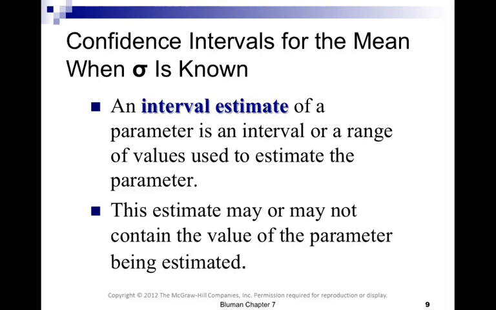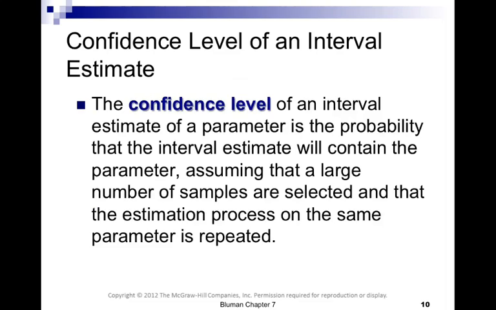That sounds really hard, but what a confidence interval says is that within a certain range, we're somewhat confident that our parameter falls within that range. It may not. Say we're 95% confident: we're pretty sure it's going to fall in that range, but there's a 5% chance that it's not. That's what a confidence interval states.